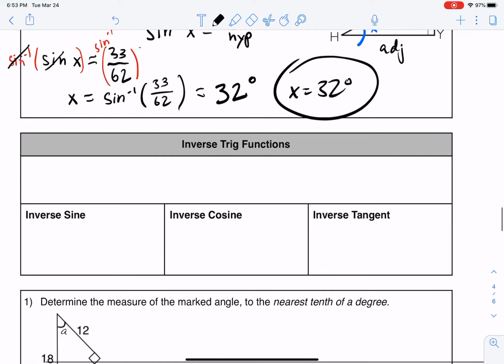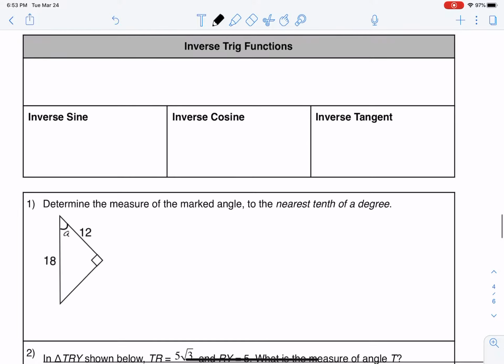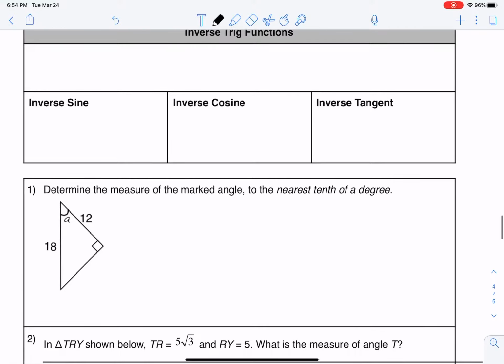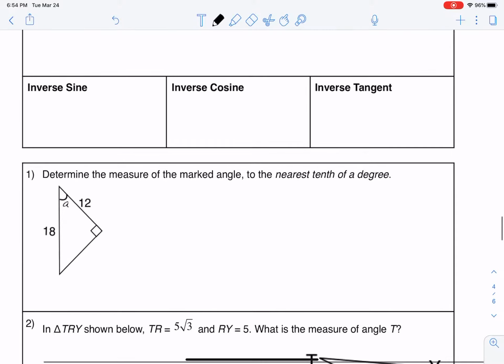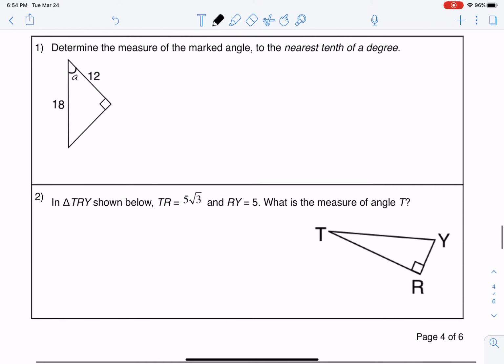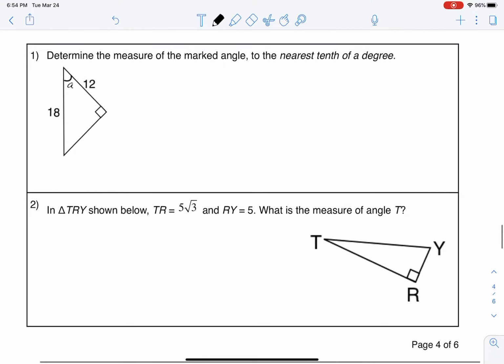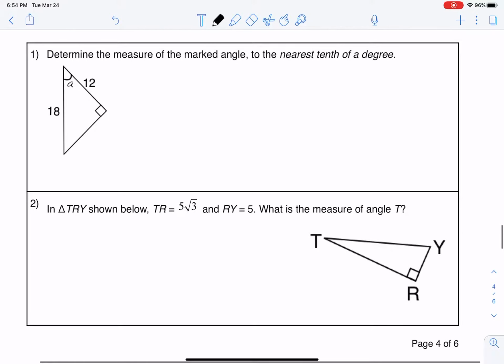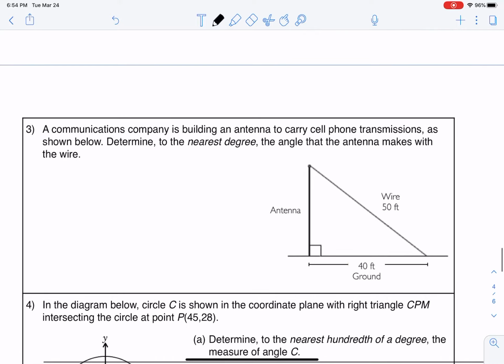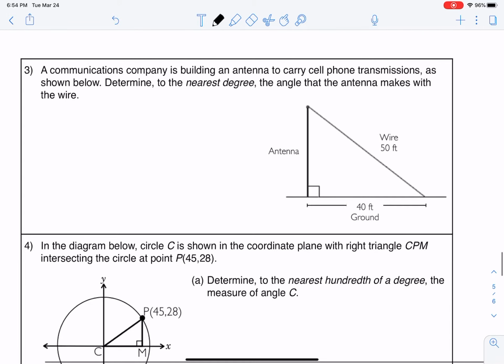Okay, so for your examples, you're going to need to do the same. Label the triangles, decide which ratio you're looking for, and use that inverse ratio to help you find the angle. Now, 1 and 2 are pretty straightforward. In question 2, you're going to need to label your triangle. The angle that's specified is angle T. In question 3, it takes a little bit of interpretation.